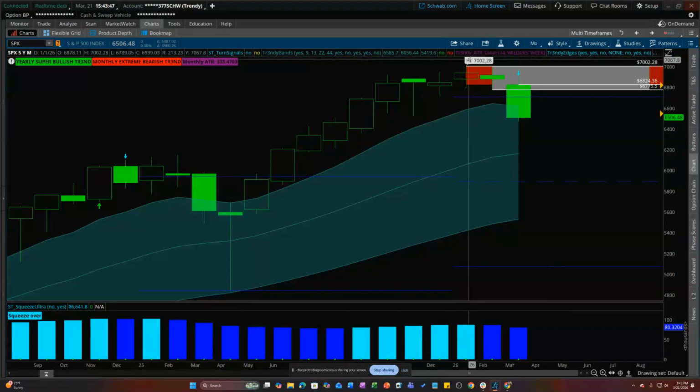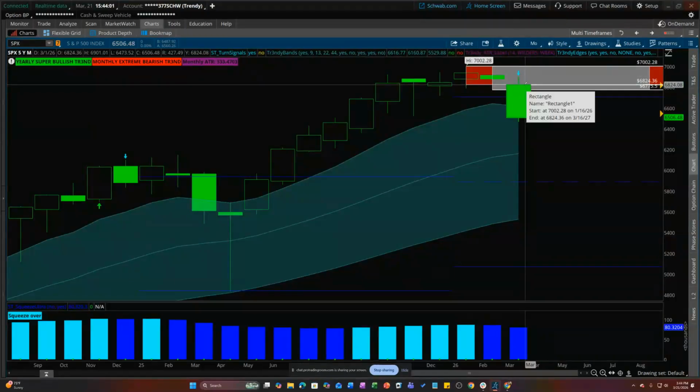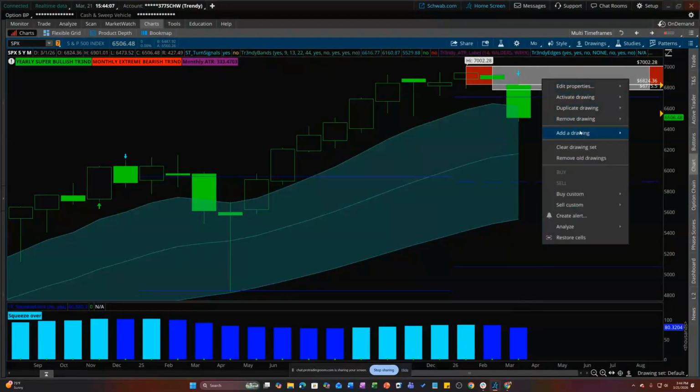That's an example. So a supply zone, the top of the zone is going to be the high or slightly above of the three candle formation. And then the proximal line, or the bottom of the supply zone, I am tucking under the big down candle. Okay.